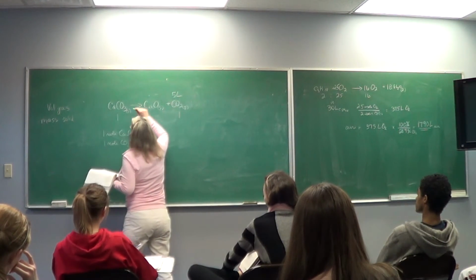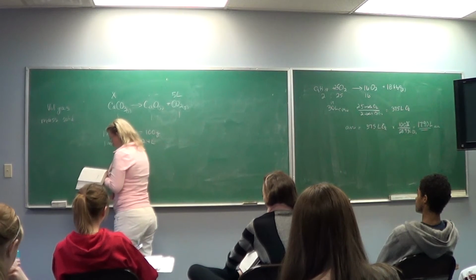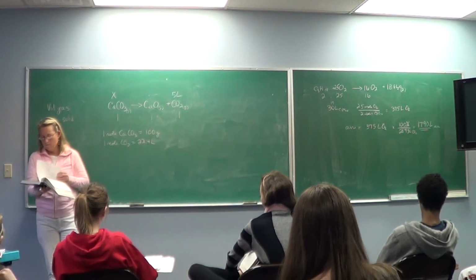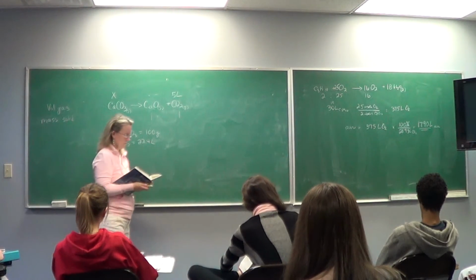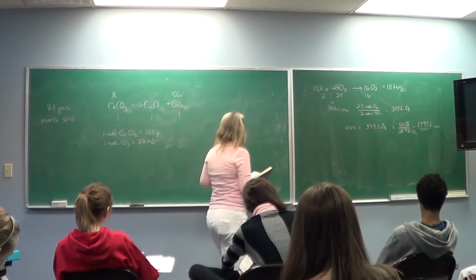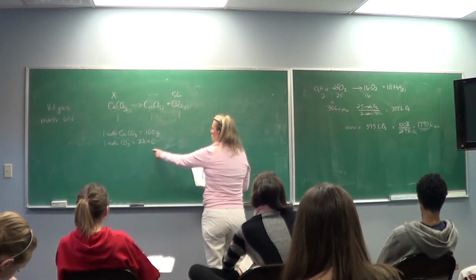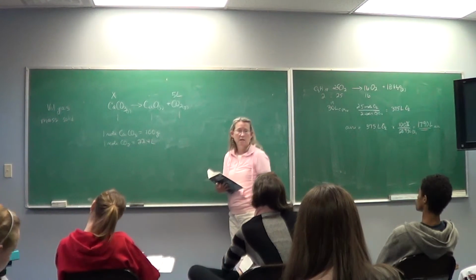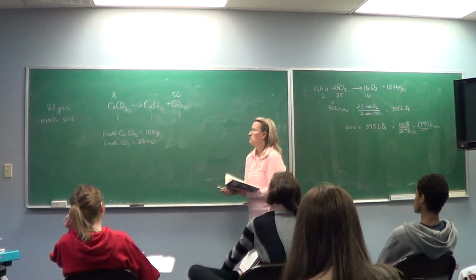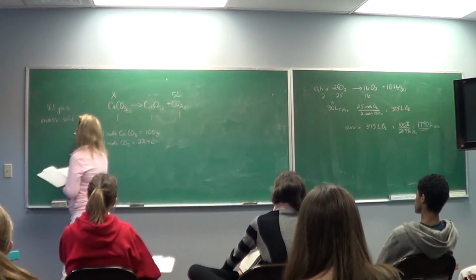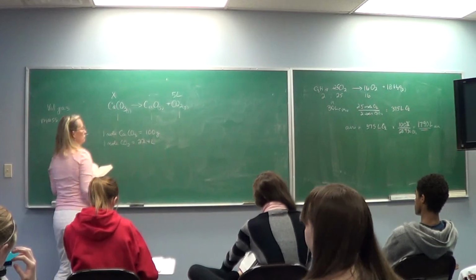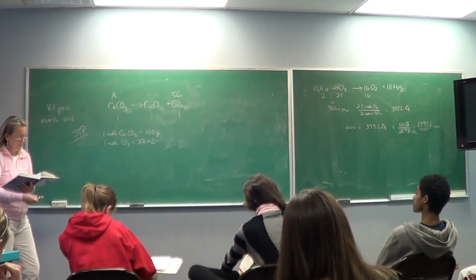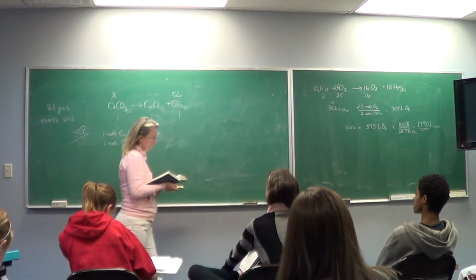That's what we want. This would be X over there. The reason we can use 22.4 liters is because we're working at STP. So this is a standard temperature and pressure problem, and that's why we're going to use 22.4 liters instead of grams per mole.